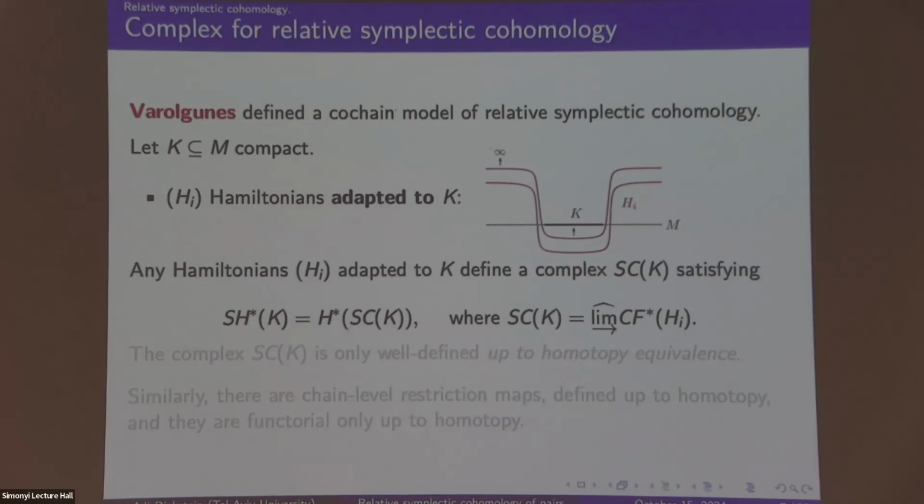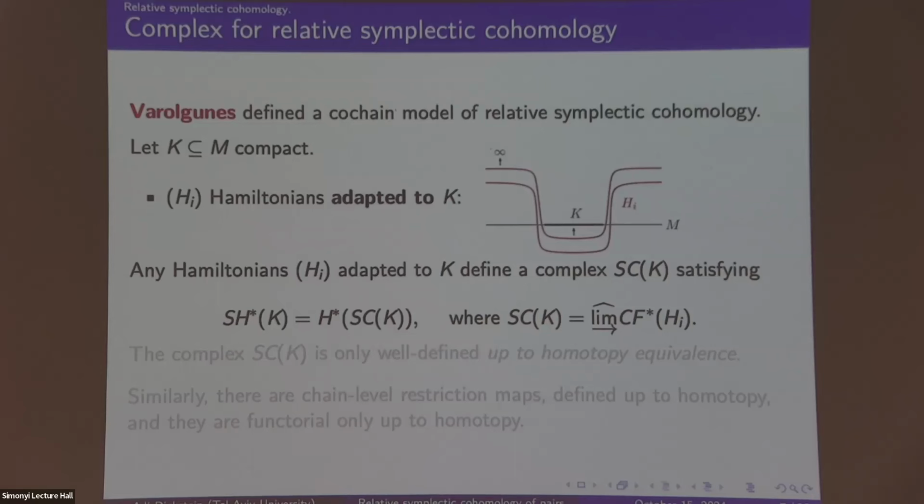Given such a sequence, we define the symplectic cochain complex of K to be the direct limit of the Floer cochain complexes of H_i, and then we take a completion.